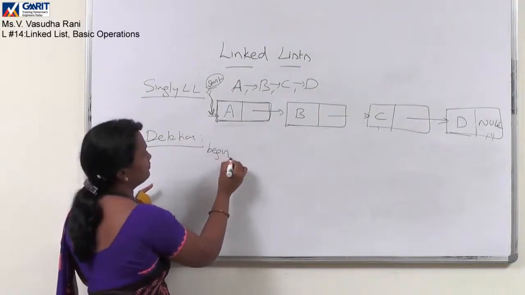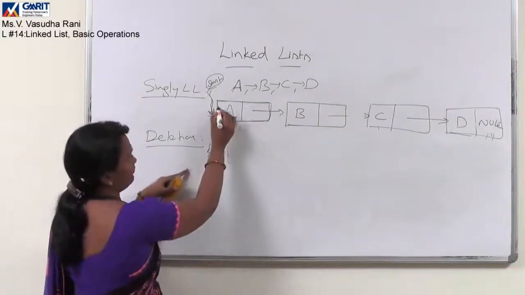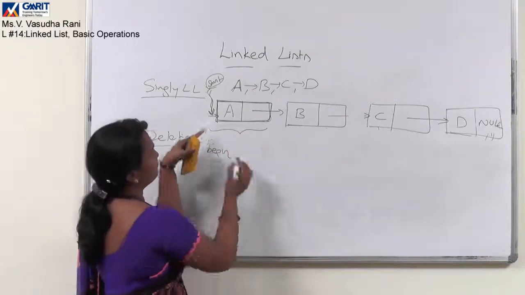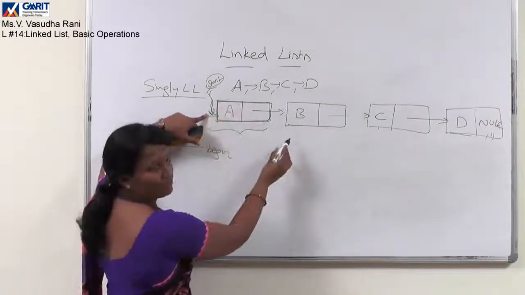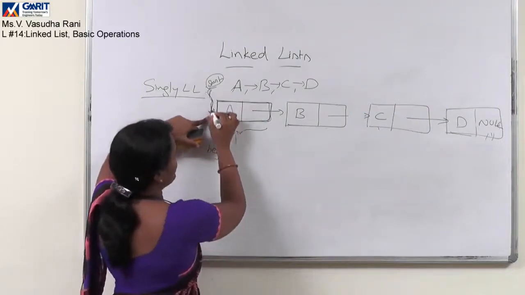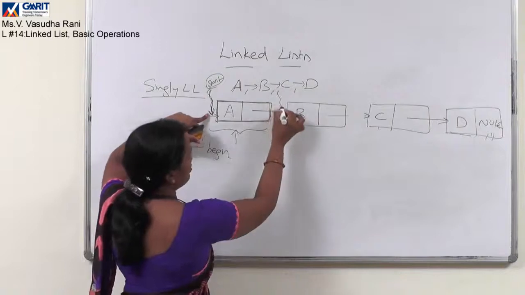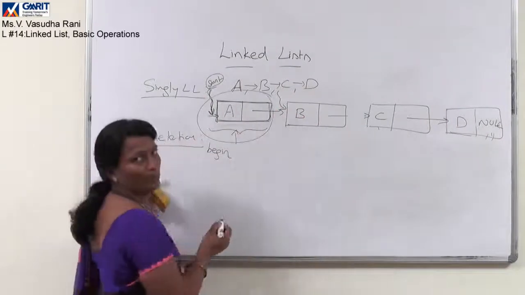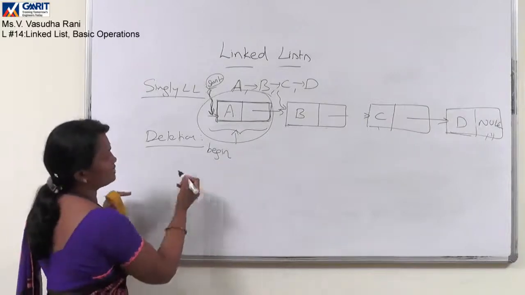This is A, and A you have to delete. After deleting this, your start pointer should shift to the next one. Initially, the start pointer should be shifted to the next node, and you have to free this particular node. There are the two steps.